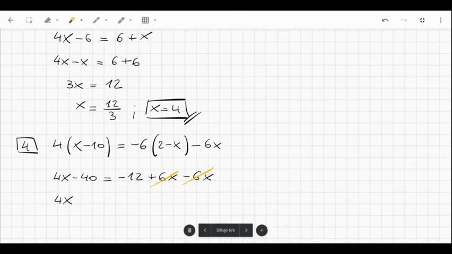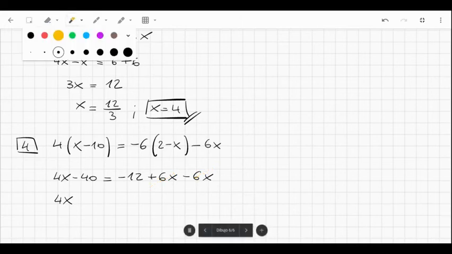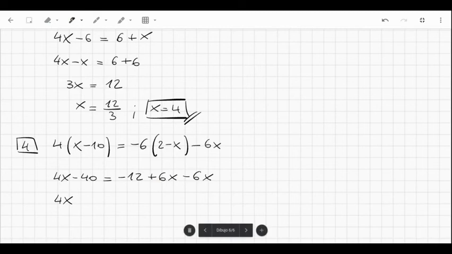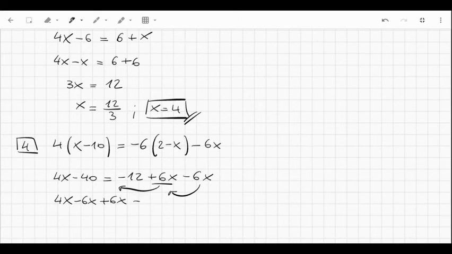So, if you don't want to do it this way, and you didn't notice this, you can move this to the left side and this to the left side as well, okay? So minus 6x plus 6x, okay? I'm just moving them to the other member. And then if I continue, I would put minus 12 and plus 40.